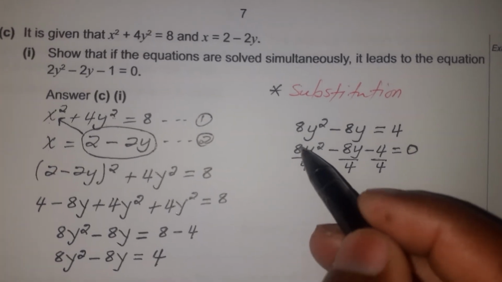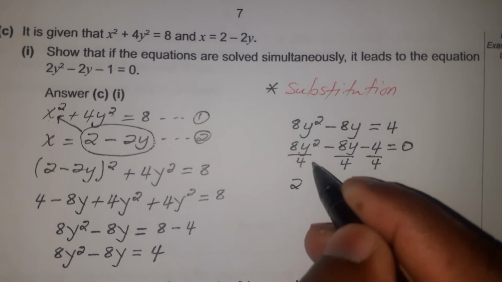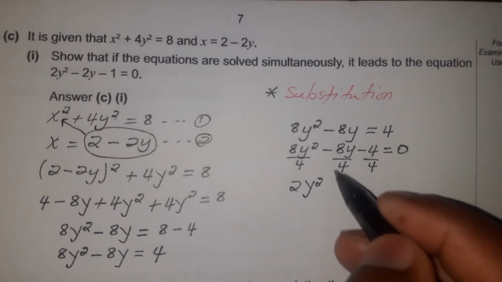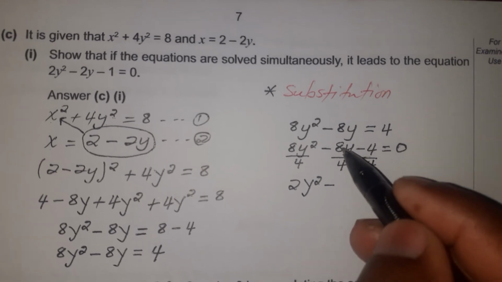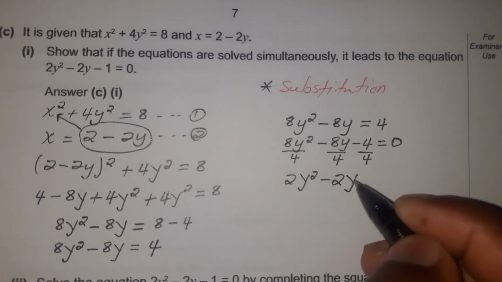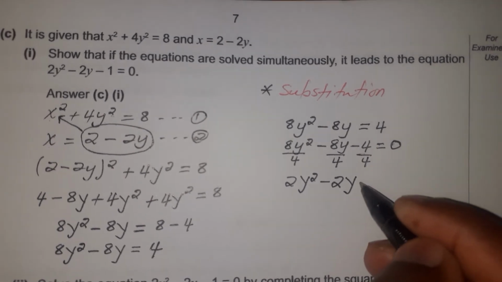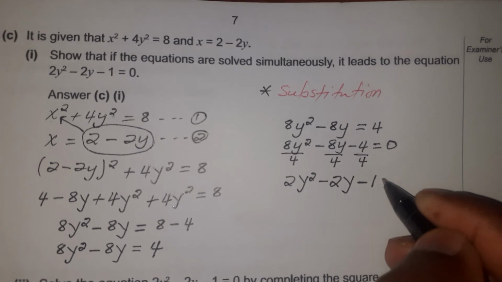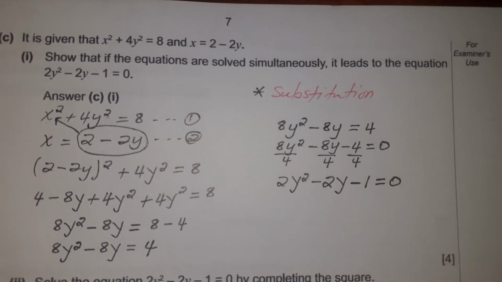Now we divide 8 by 4 to get 2, and then we write the y squared, and then we bring the minus here, and then we divide the 8 by 4 to get 2. We write the y also, and then we write the minus. 4 divided by 4 is 1 equal to 0.